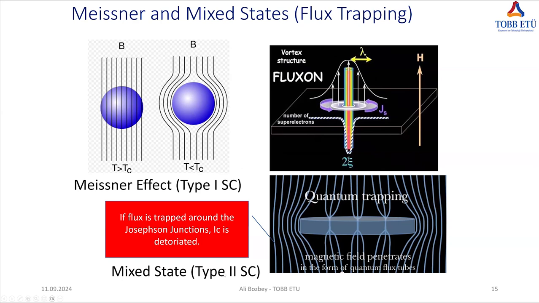In the case of type 2 superconductors, some flux can penetrate with some organization, regularity. In that case, some vortices occur, and the region of these magnetic vortices behaves like a normal conductor. There is a circulating current here, but the total magnetic field inside the superconductor is still zero. And one magnetic flux unit is called a fluxon in this case.